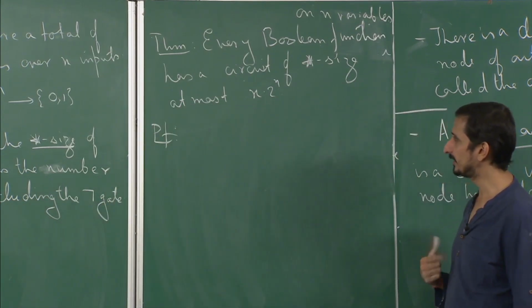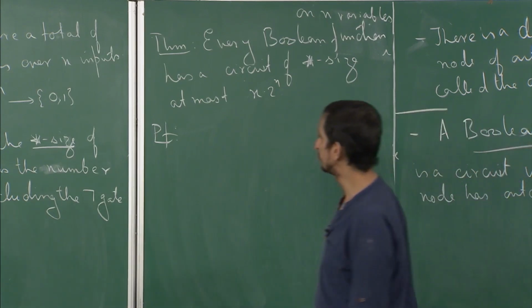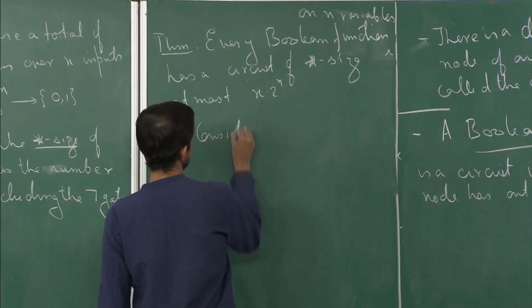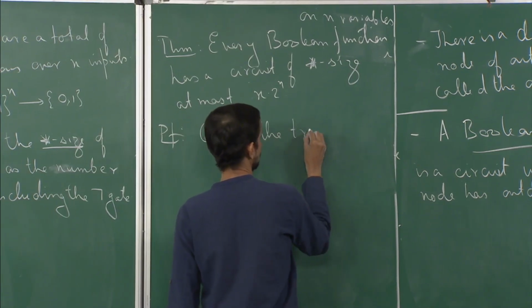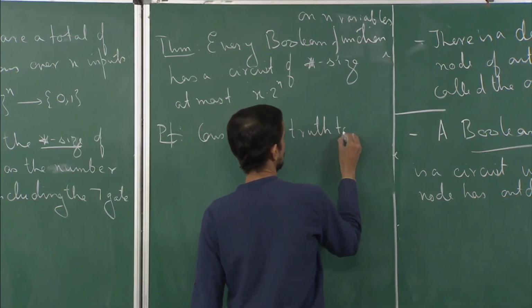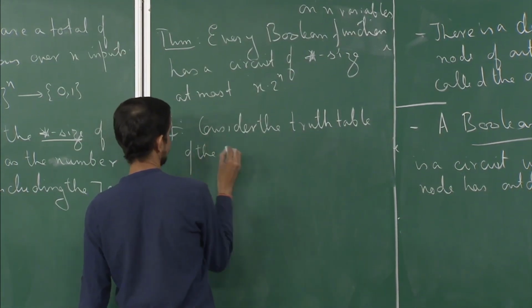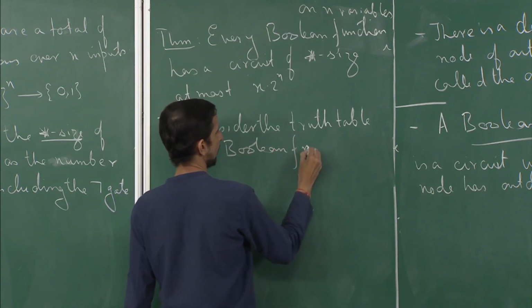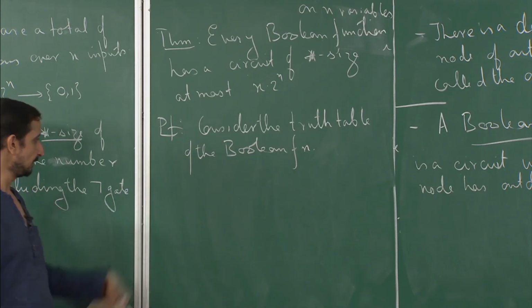So the proof is actually quite simple. We take the Boolean function and we look at the truth table of the Boolean function. So consider the truth table of the Boolean function. How many rows will there be in the truth table?